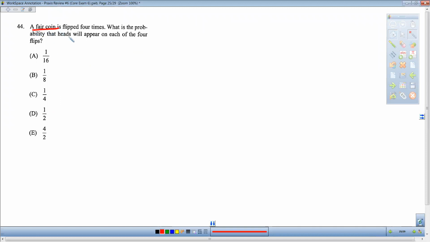Here we've got a fair coin, and if we flip it, it says, what's the probability that a heads will show up? Well, if we flip it one time, it's 1/2. And then what's the probability if we flip it a second time? Well, it's 1/2. A third time, it's 1/2. A fourth time, it's 1/2.